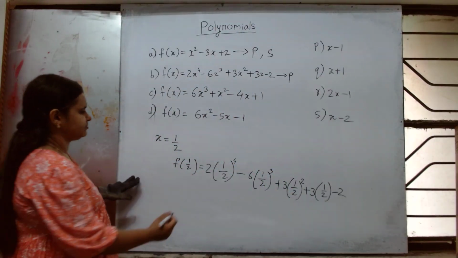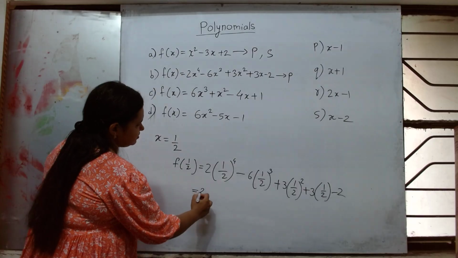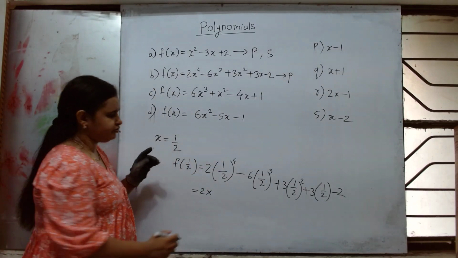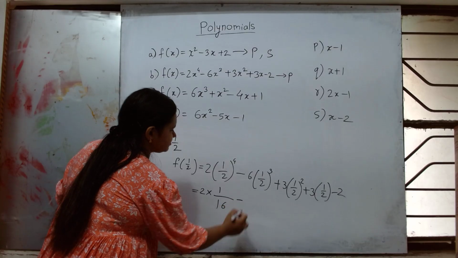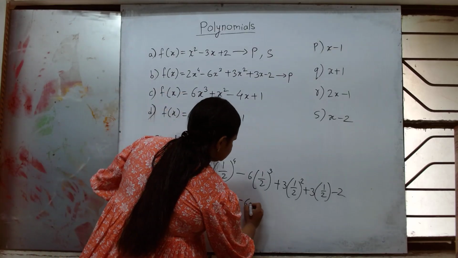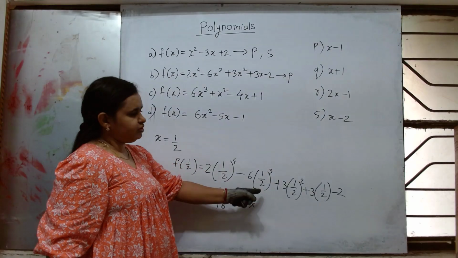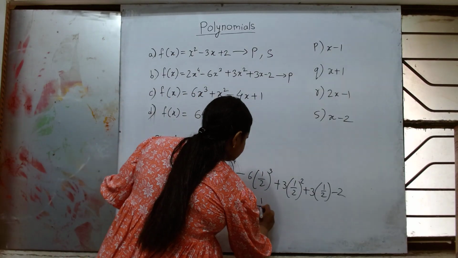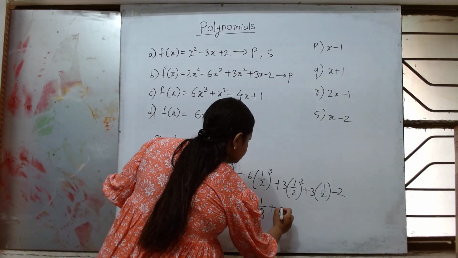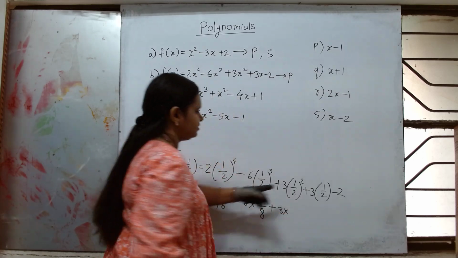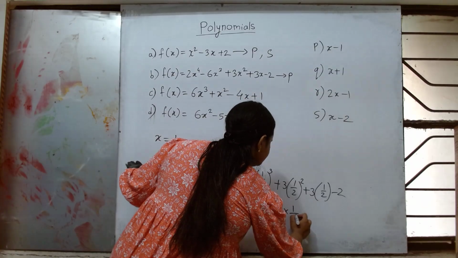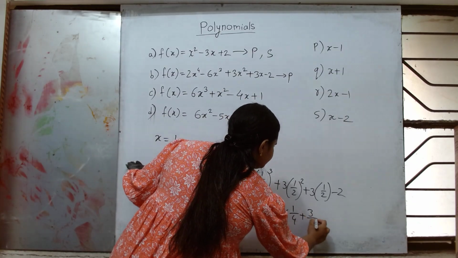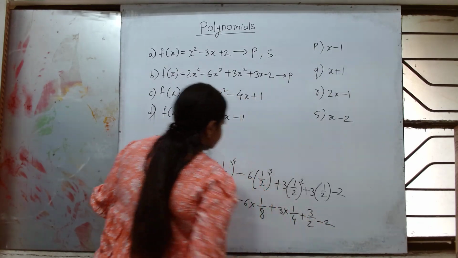Okay. So it will be 2 into 1 to the power 4 is 1, and 2 to the power 4 is 16, minus 6 into 1 cube is 1, 2 cube is 8, plus 3 into 1 square is 1, 2 square is 4. So it will be 1 by 4 plus 3 by 2 minus 2.